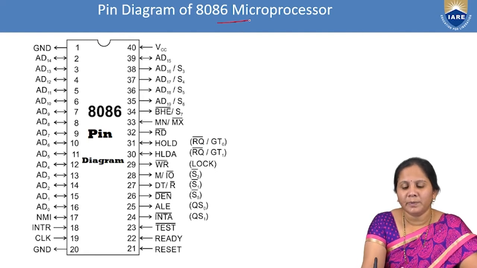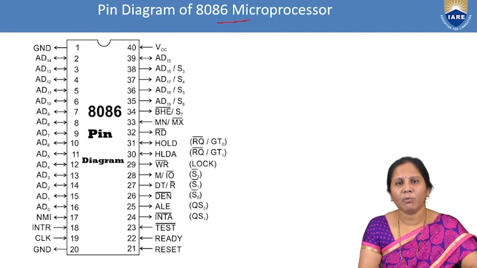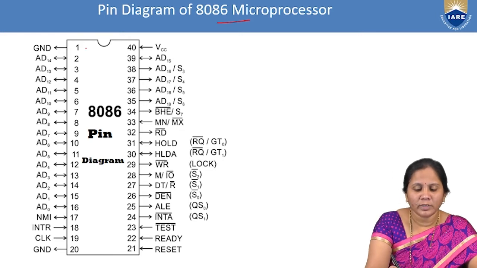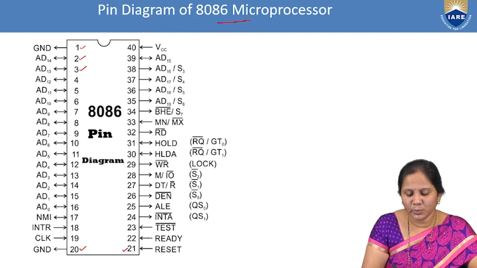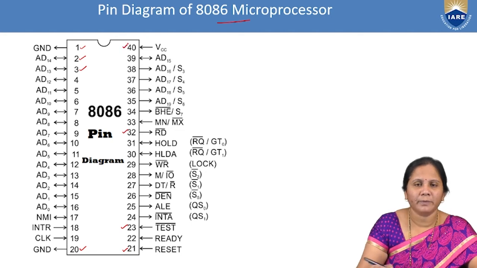So this is the pin diagram of the 8086 microprocessor. Here you can see some of the pins that come under common function, that means the signals having common function in the minimum mode and maximum mode. Like pin number 1, 2, 3, and so on up to 20. Okay. And the pins from 21 to 23 and the pins from 32 to 40.